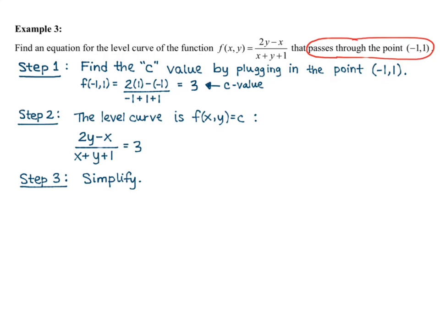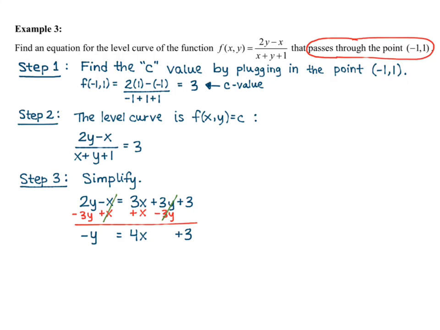So we want to solve for y if possible, or get it into a format that we can graph. So we have 2y minus x equals 3x plus 3y plus 3. Just cross multiply. Add your x to both sides, subtract your 3y from both sides, and we get negative y equals 4x plus 3.